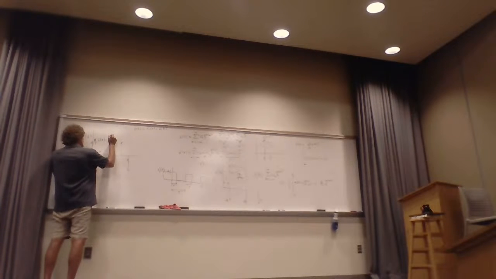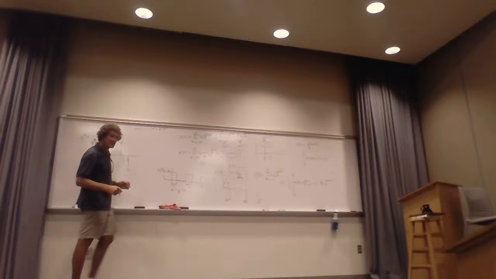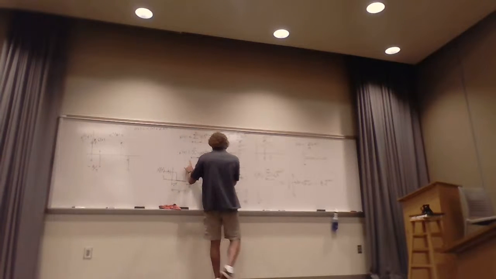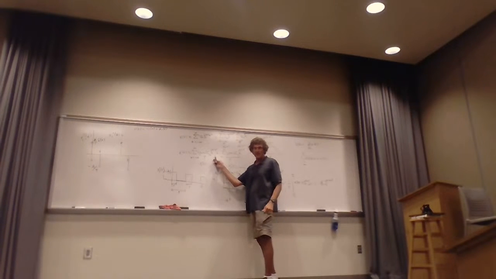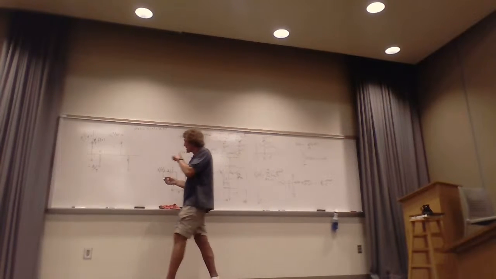So I say my x1 double prime of t. As a matter of fact, what I can do is this. You all agree that this is my x1 prime, right? If I take another derivative of that, that just brings out a jn omega naught again, doesn't it? So it'd be jn omega naught squared, right? Times cn1.